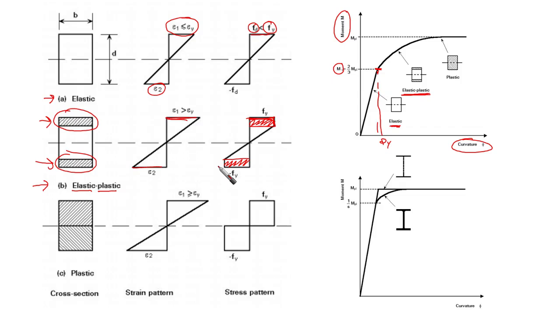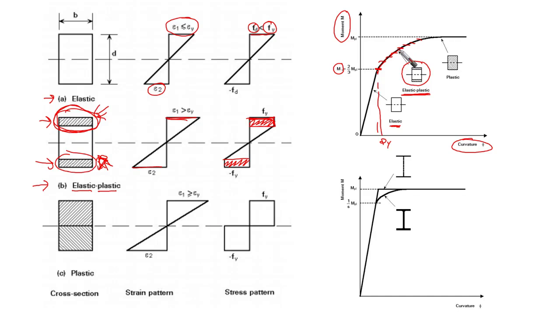This means that part of our cross section is reaching yield and exceeding it as well. This is the elastoplastic system. Every time it goes higher than M yield, a larger area of plasticity spreads on the section.